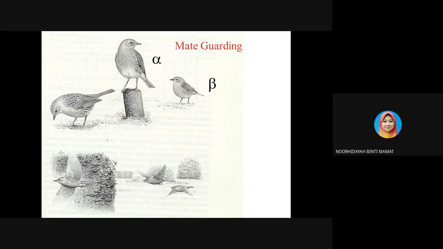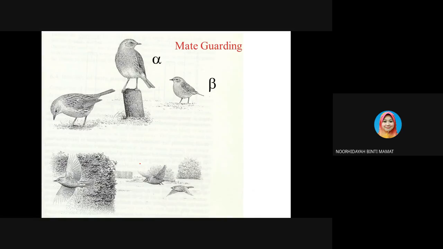But on the female's side, she will try to mate with the beta male and try to run away from the alpha. The female will encourage the beta male to mate and attempt to escape from the alpha male, and mate with the beta male.